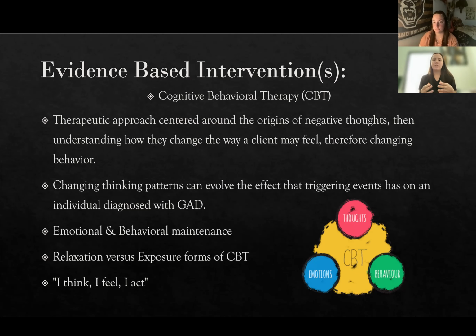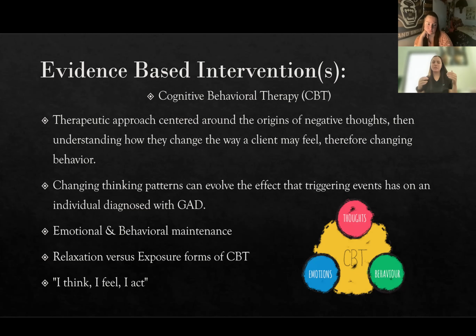And now going into the different forms of coping strategies, there's a couple of different types of CBT that I talk about here. And I'm going to flip-flop the emotional and behavioral maintenance with those forms of CBT. They're in the wrong order here. So relaxation is often the first intervention that is ever made, the relaxation form.